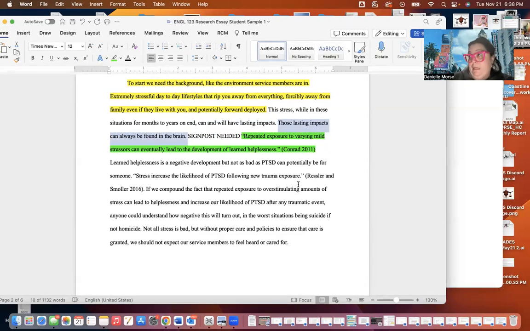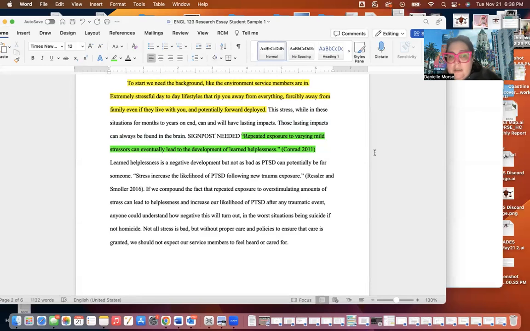I don't know where else they would be found. Yes, they can have physical impacts, if somebody lost a limb, or I don't know, but we're talking about mental health. So why is the inclusion here of found in the brain? I don't understand.